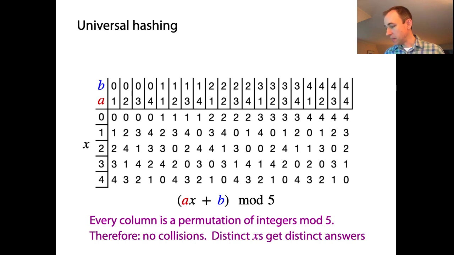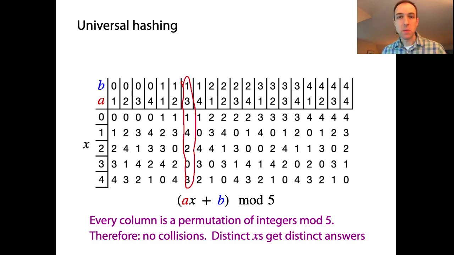And I'm making a statement here, and I'll reinforce this a bit in a moment. Distinct x's get distinct answers. This table shows us that because every column's a permutation. So if I choose a hash function, let's say I choose this one, 2 different x's are going to get 2 different values because the column is a permutation.